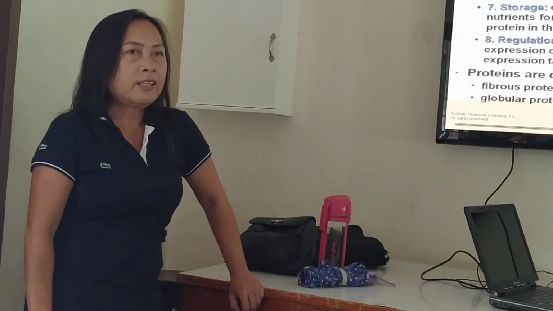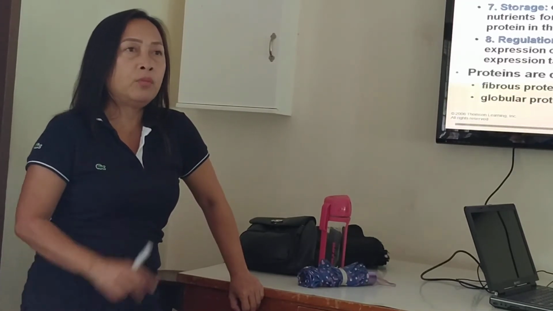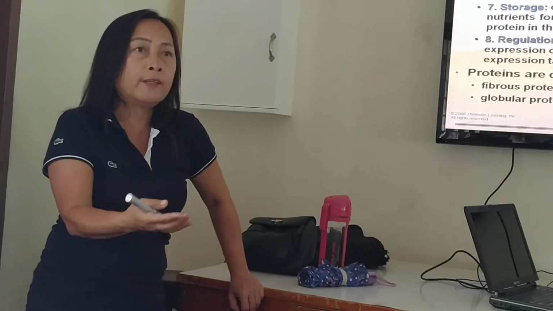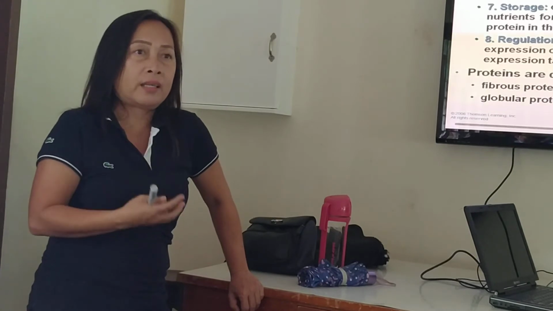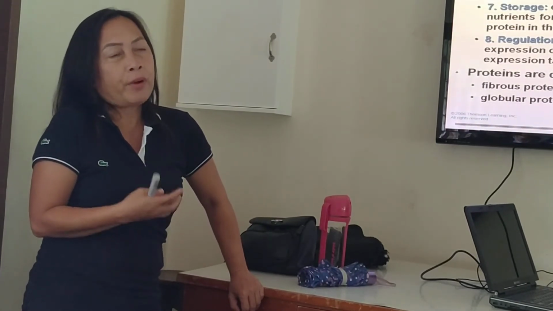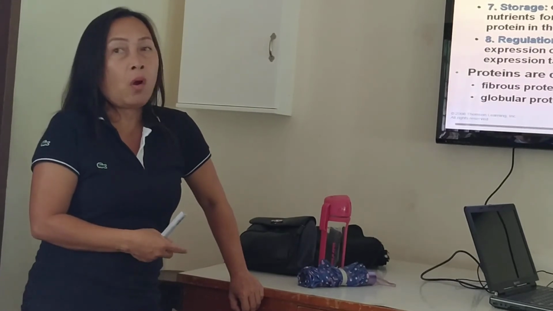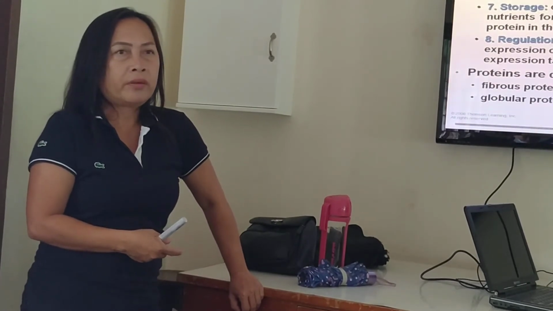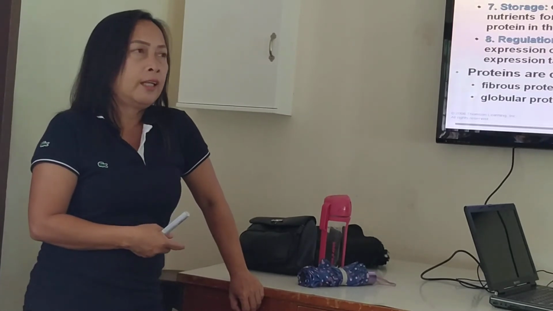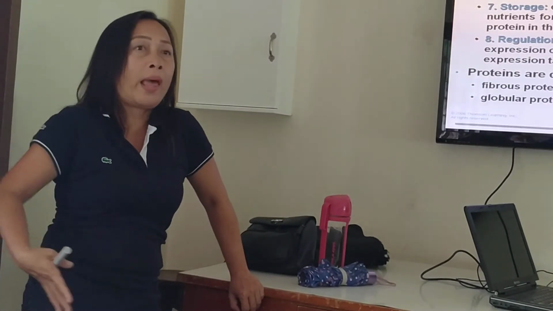So, that is what happens, class, because albumin regulates how much water would be retained in the cells. Of course, if we run out of this, especially when we grow older, where there is decreased production of this albumin, then we tend to swell.